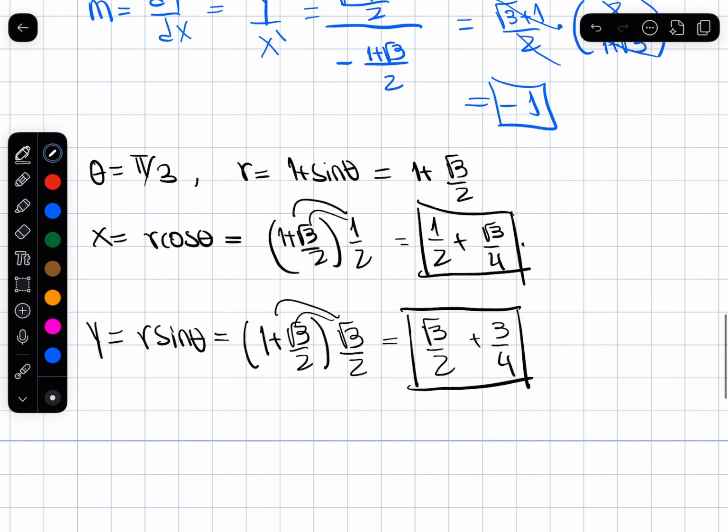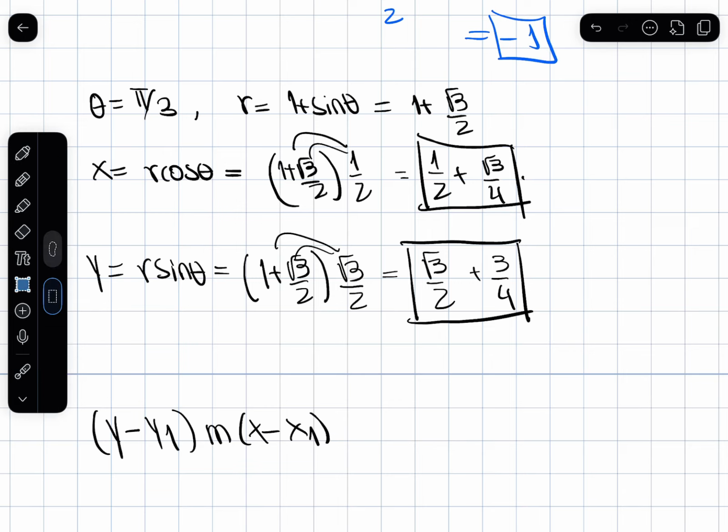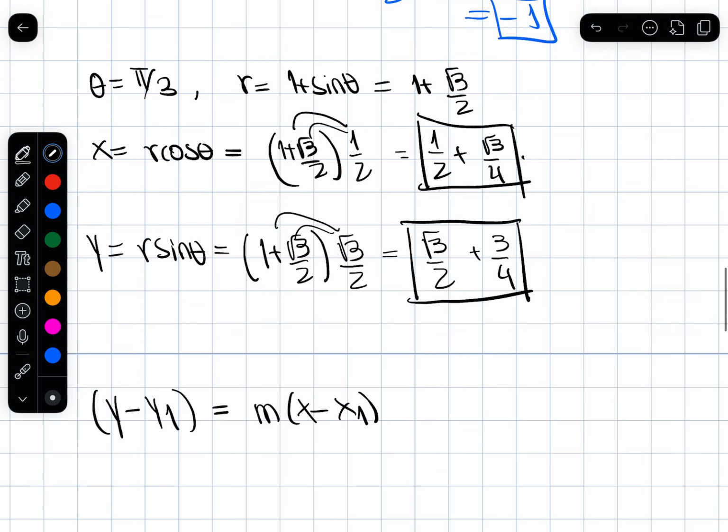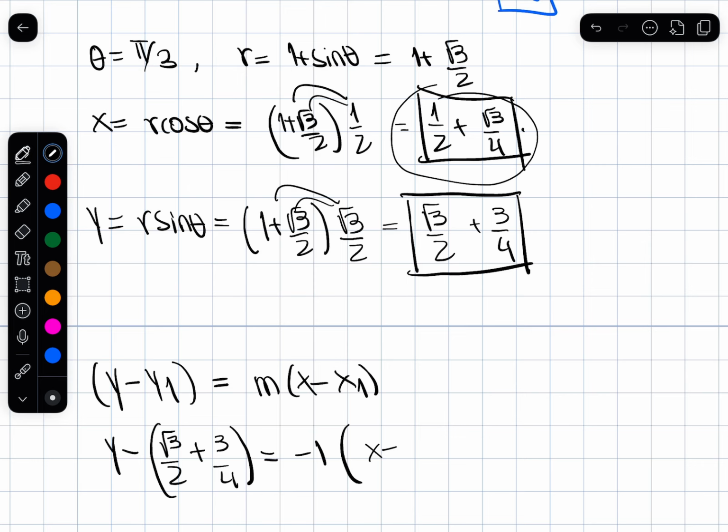So the equation of the tangent line, if I make it point-slope, it's y minus y1 equals m times x minus x1. Forgot the equal sign right here in the middle. It's an equation, so it needs an equal sign every time. So that means y minus this whole value equals -1 times x minus this value.